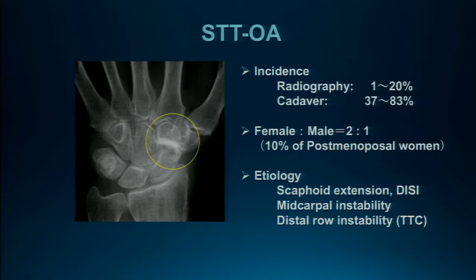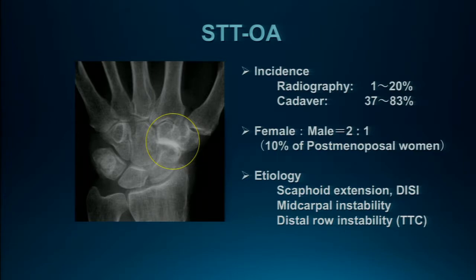So this is an isolated STT-OA, scaphotrapeziotrapezoid osteoarthritis. This is a very mysterious OA. Why does the OA develop here in isolation? No one can explain the exact reason.